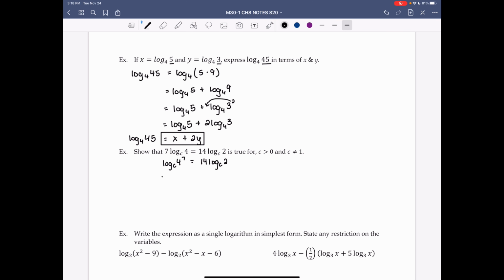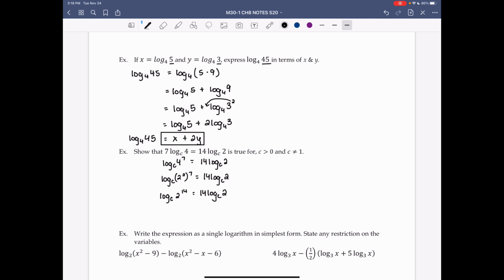It becomes log base C of 2 squared, and then to the power of 7 equals 14 log base C of 2. Then the left side becomes log base C of 2 to the power of 2 times 7, which is 14, equals 14 log base C of 2.